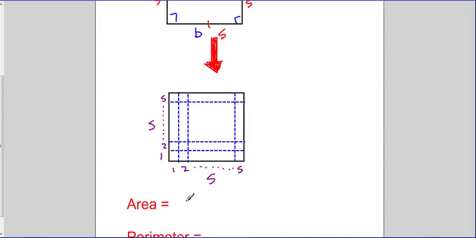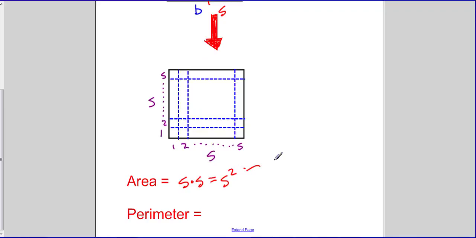So the area of the square is going to be S times S, which we write as S to the second, or S squared. Again, that's pronounced S squared. The perimeter, I have an S, an S, an S, and an S. So the perimeter is 4S. So the formula for the area of the square is S squared.